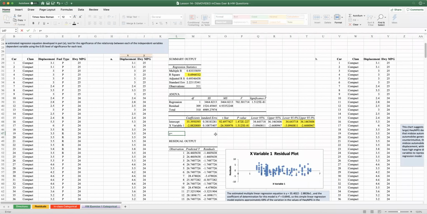The equation would be y equals 35.3950, let's go 4 decimals. That's the intercept, which comes from right here, the coefficient. And then the slope is the x variable right here, minus 2.8821 x1. And that's displacement. If you want, you can change that and call it displacement because the x variable is displacement.